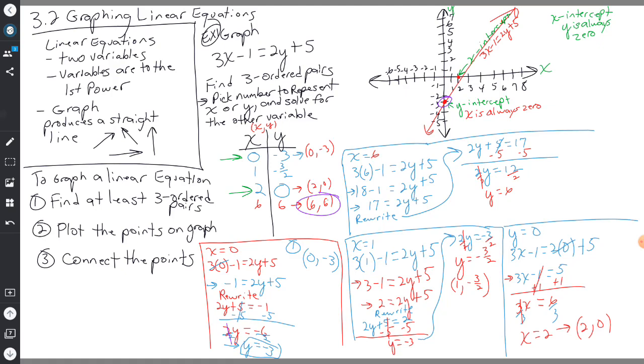So one thing that we can say about this is that x is always 0 at your y-intercept. At your x-intercept, y is always 0.